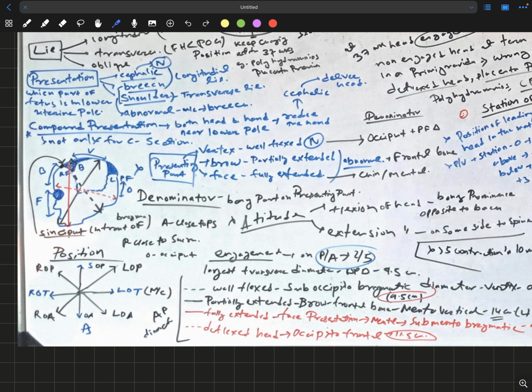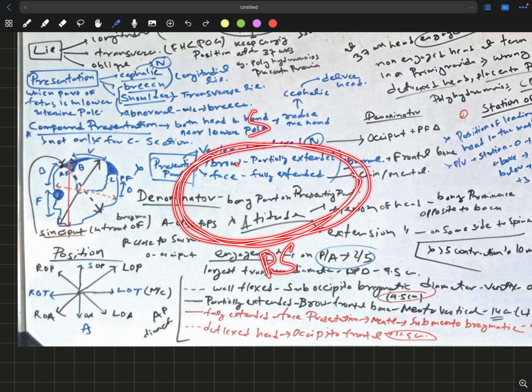So according to the denominator, the position of the baby is named. Take occipito posterior. Suppose this is the pelvis, this is the sacrum, this is the pubic symphysis. Now if the baby is like this, you can see this is the posterior fontanelle and this is the anterior fontanelle.